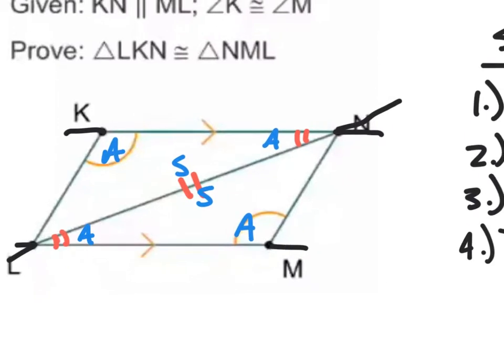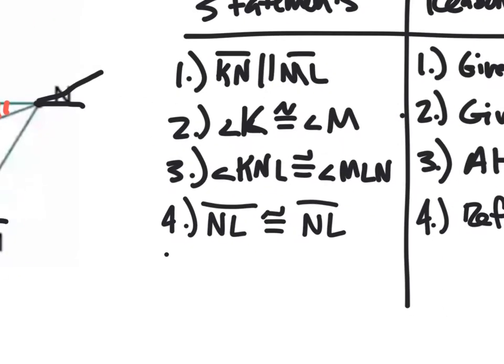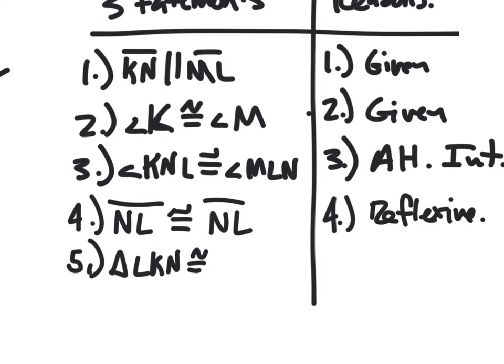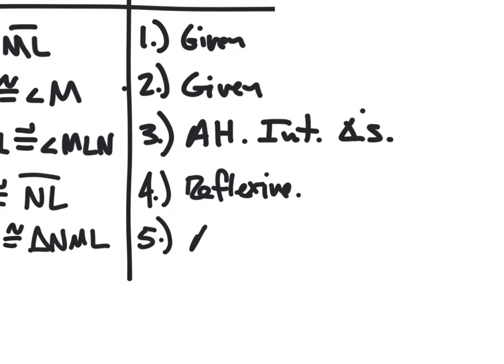So I can then have my proven statement that triangle LKN is congruent to triangle NML. And the reason I can say that is because of AAS, and we're done.